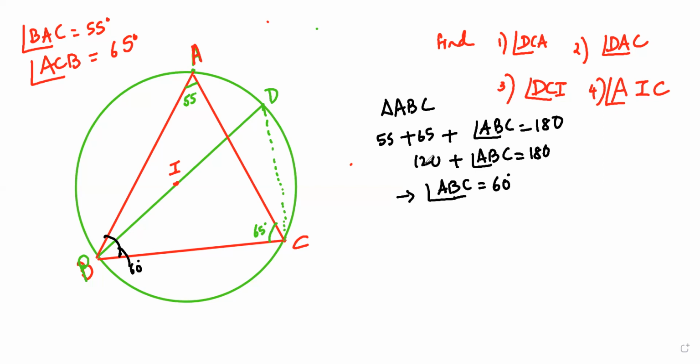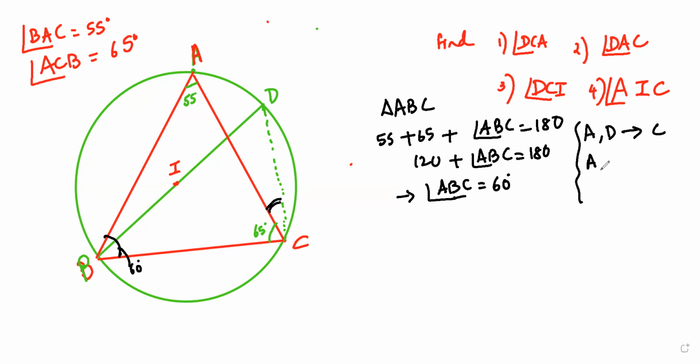Now I want angle DCA. If you look carefully, I am marking angle DCA with two black strokes. Now, look at points A and D. You're joining them to C, and you're getting angle DCA.